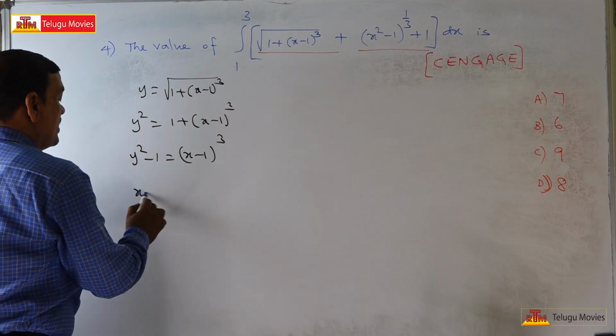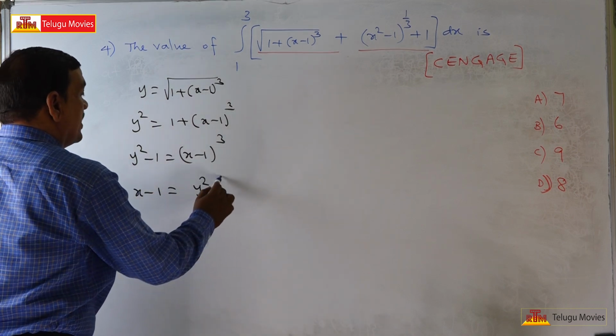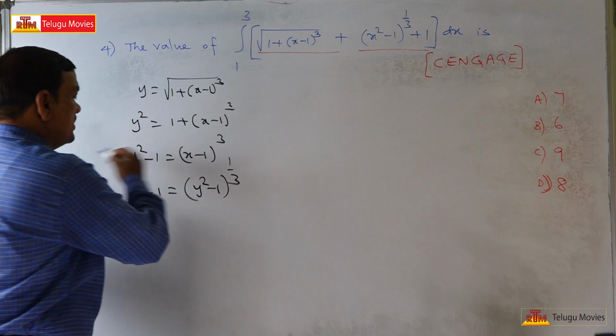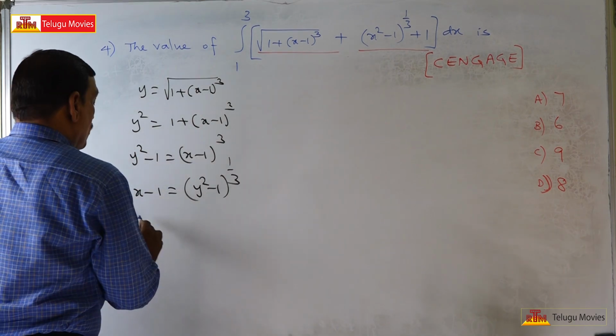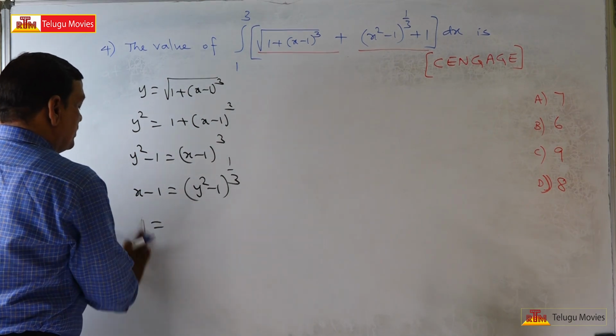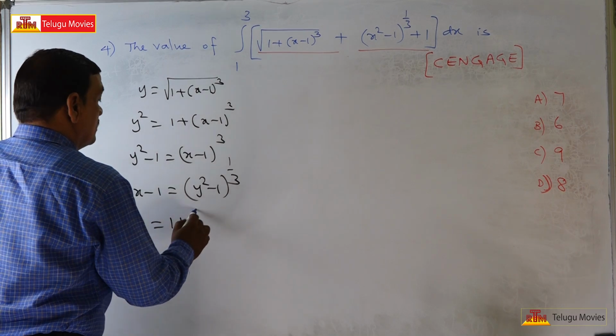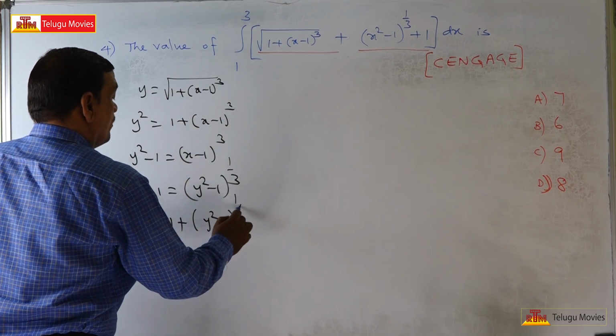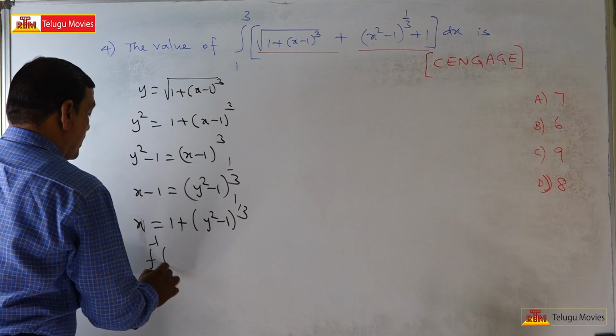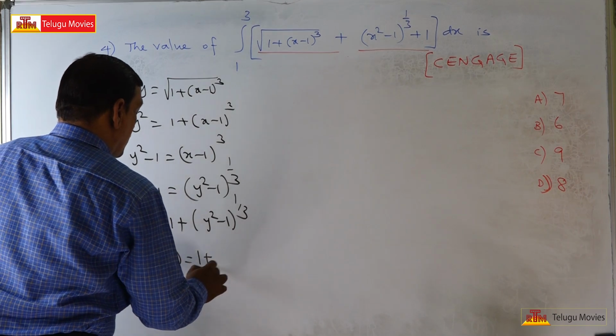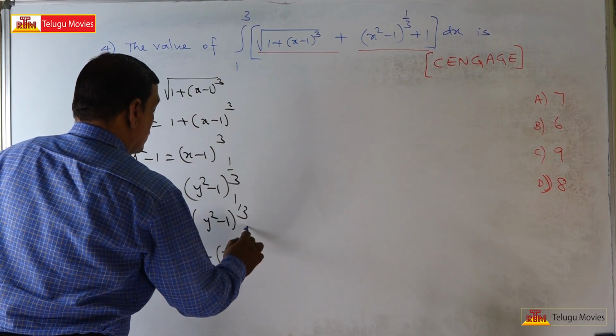From this, x minus 1 is equal to (y square minus 1) whole power 1 by 3. So I just interchanged it. Therefore, x is equal to 1 plus (y square minus 1) whole power 1 by 3. Therefore, f inverse of x is equal to 1 plus (x square minus 1) whole power 1 by 3.